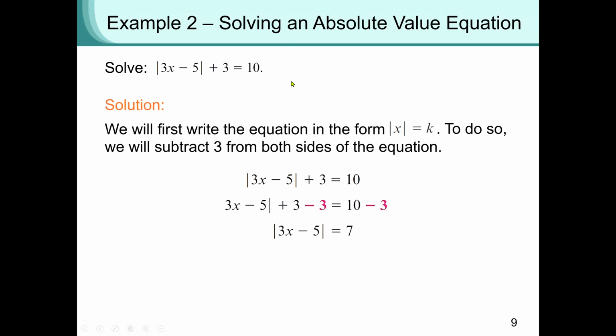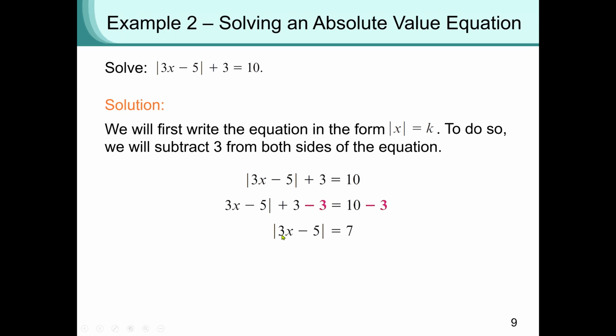Same method as solving simple equations. We have negative 3 and negative 3 on the right side of the equal sign. So positive 3 cancels negative 3, and 10 minus 3 gives me 7. So we get the absolute value of 3x minus 5 equal to 7.